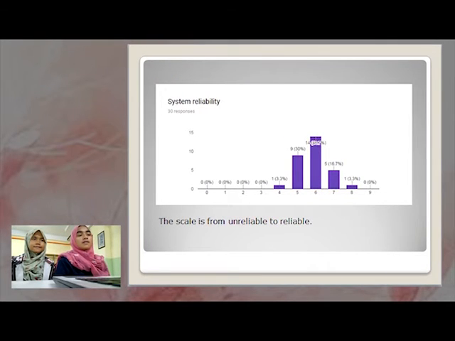And next is the system reliability. Mostly chose a 6 out of 9. So the system is reliable to use.